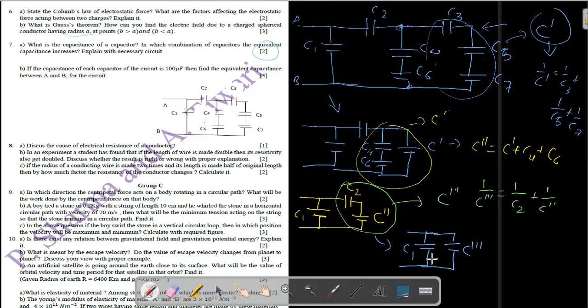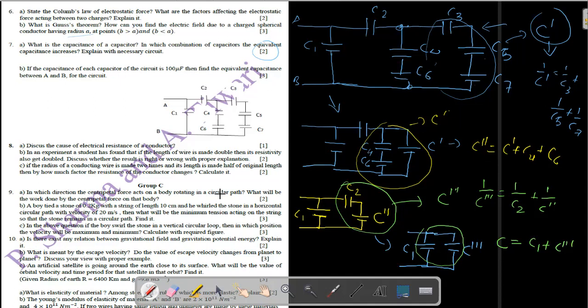Finally, C1 and C triple dash are in parallel combination, so their equivalent capacitance, if you suppose that to be C, will be C1 plus C triple dash. If you solve in this way, you will get your answer easily.